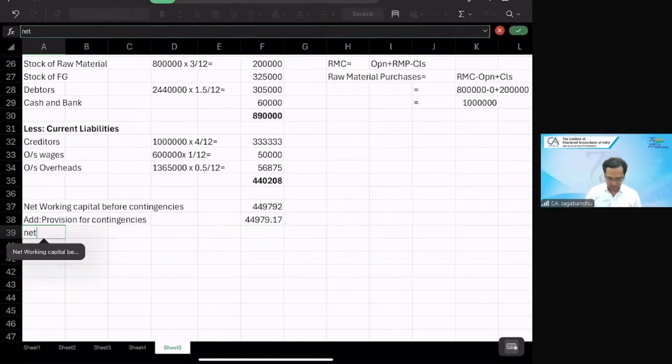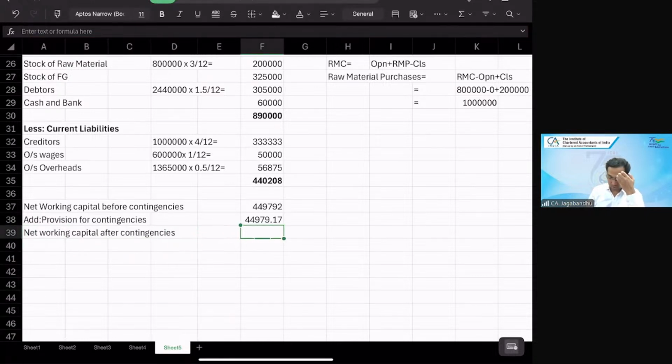And then we have the net working capital after contingencies have been provided for. So after provision of contingencies, the net working capital that we should have is 4,94,771.